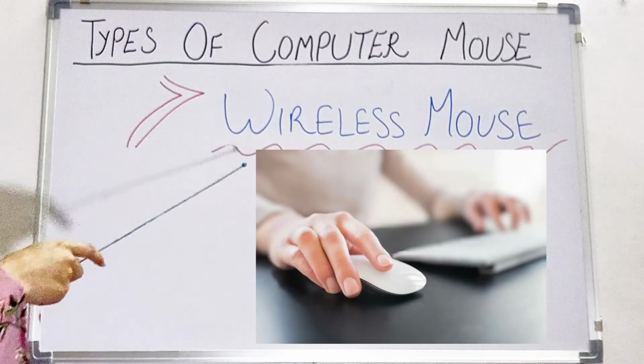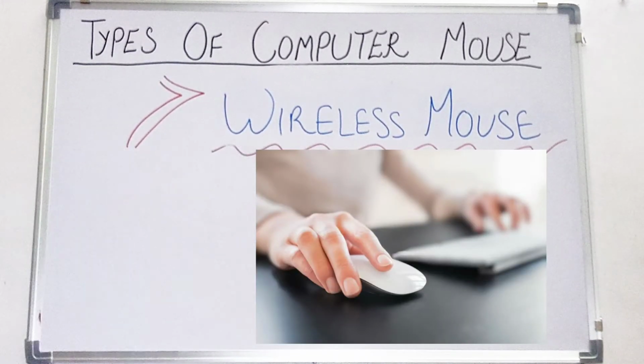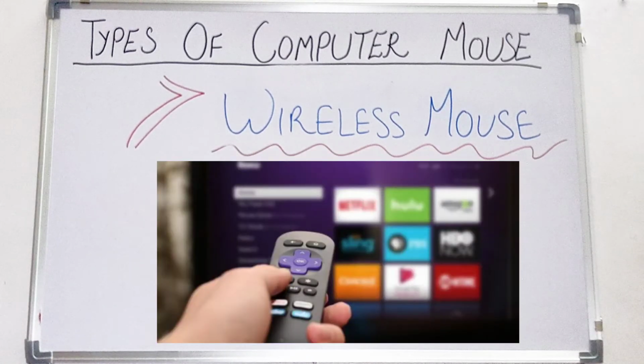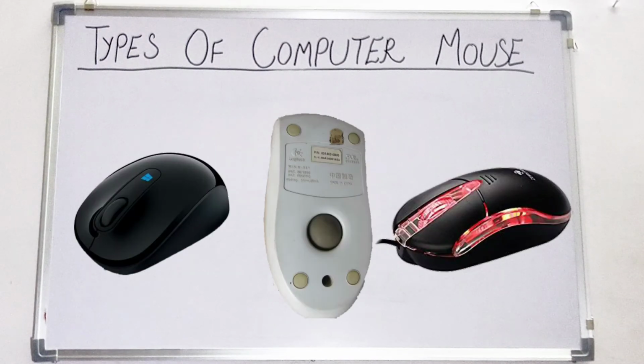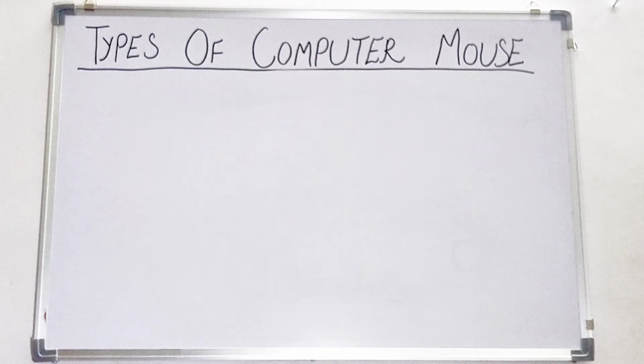Now the third type of mouse that we have is wireless mouse. This type of mouse is not attached to the computer, and the communication between the computer and the mouse is through signals, just like a remote control of a TV. Students, apart from the three types of mouse, there are two more types of mouse that are not much in use nowadays. Let me also tell you about them.